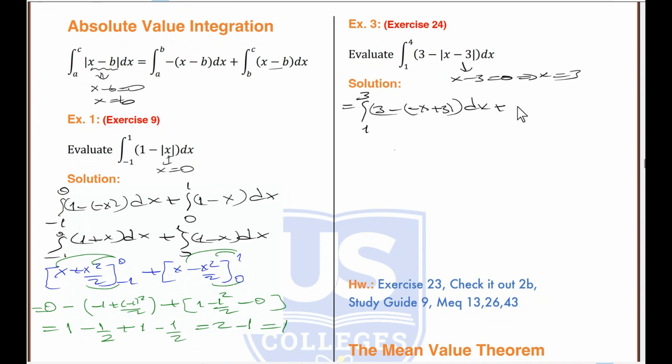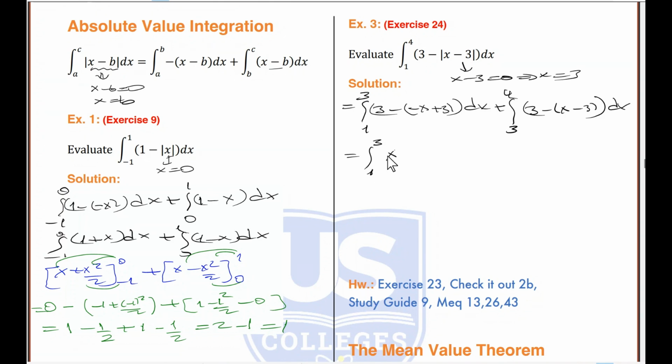dx plus the second part is the critical value to the upper bound 3 minus. When I insert a number bigger than 3, it's going to make inside positive. So I will take the same expression out. Okay, now let's simplify a bit. 3 minus minus x plus 3 minus x minus 3 plus 3 will be x.